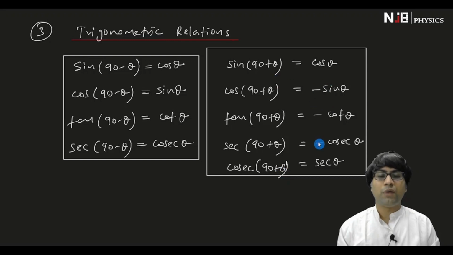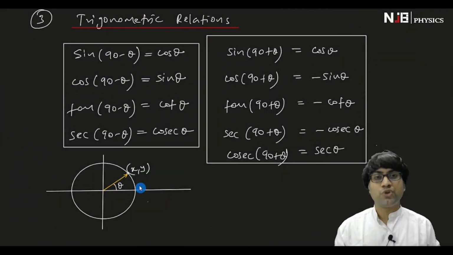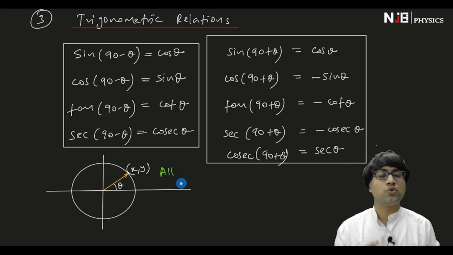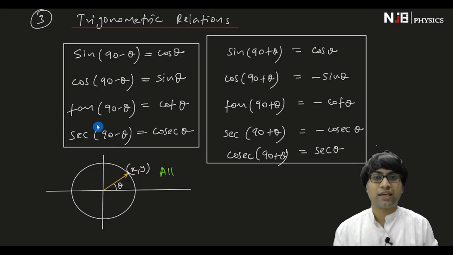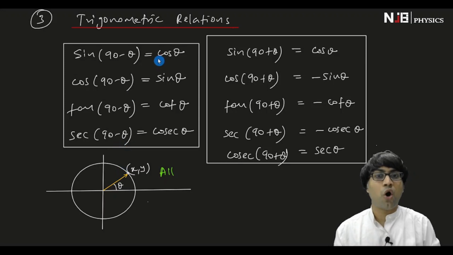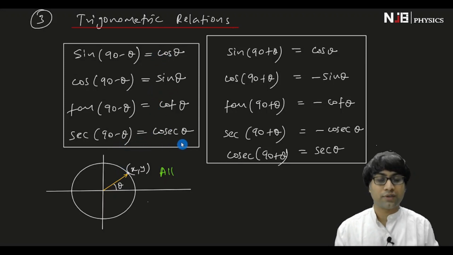How are we going to memorize these relations? There is a trick associated with it. The trick is this: if the angle theta is in the first quadrant, then all the ratios are positive, whether it is sine, cos, tan, or sec. If you look at 90 minus theta, that means they are all in the first quadrant, and therefore all of them are positive: cos theta, sine theta, cot theta, and cosec theta.